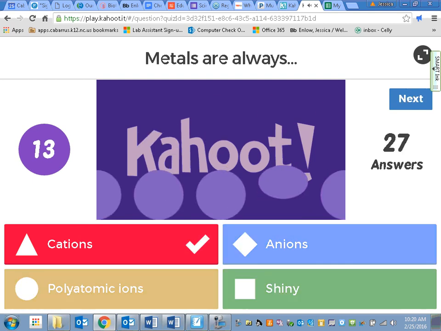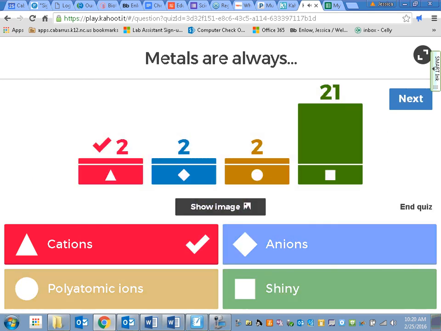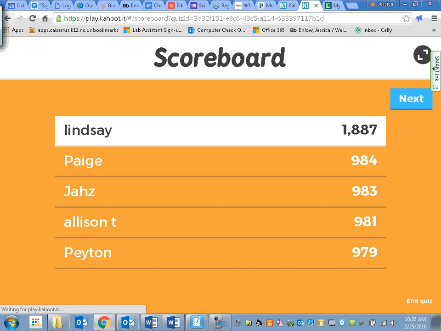Okay, I gave you too much time. Good. Metals. Oh, okay. I can see why you picked that. Okay, metals always form cations. We're clear on that in terms of ionic bonding. Metals always form cations, meaning they always lose their electrons. Yeah, they're also shiny. Okay, we're moving on.